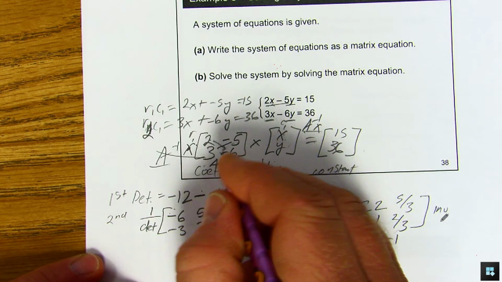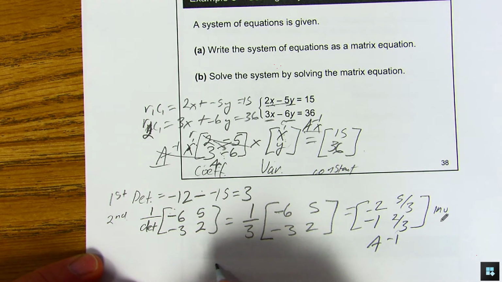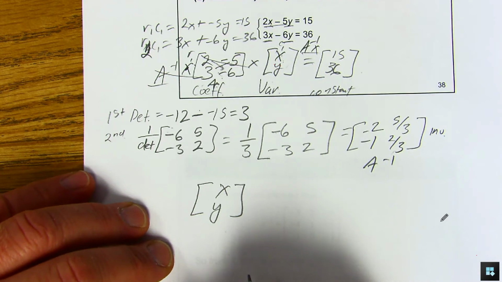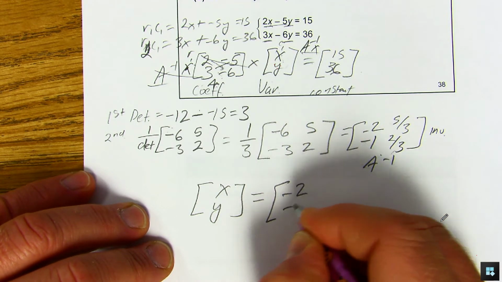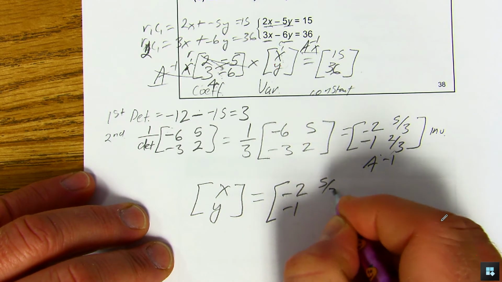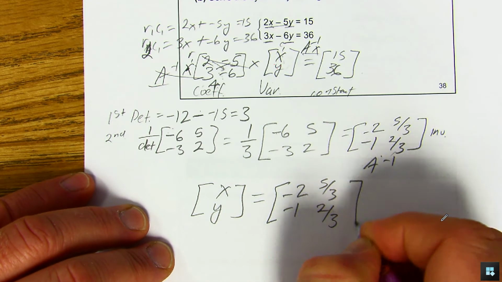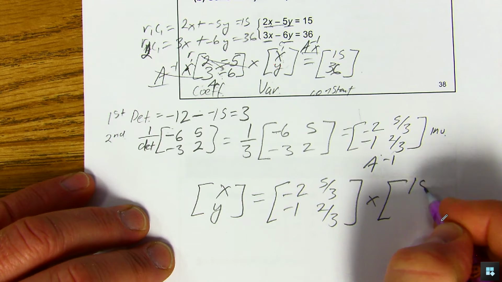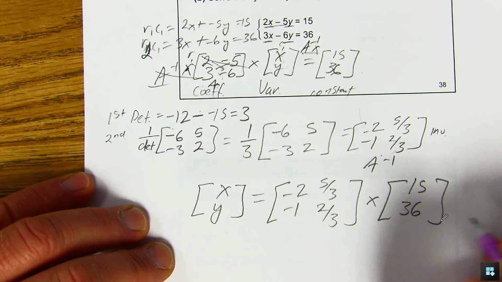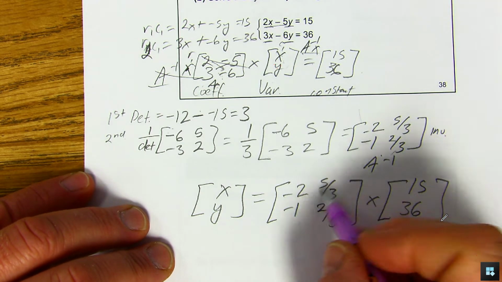So these two give me an identity matrix, which leaves me with just x and y. Now I have to take the inverse matrix, negative 2, negative 1, 5/3, 2/3, times my new matrix, 15, 36. So now I just multiply.